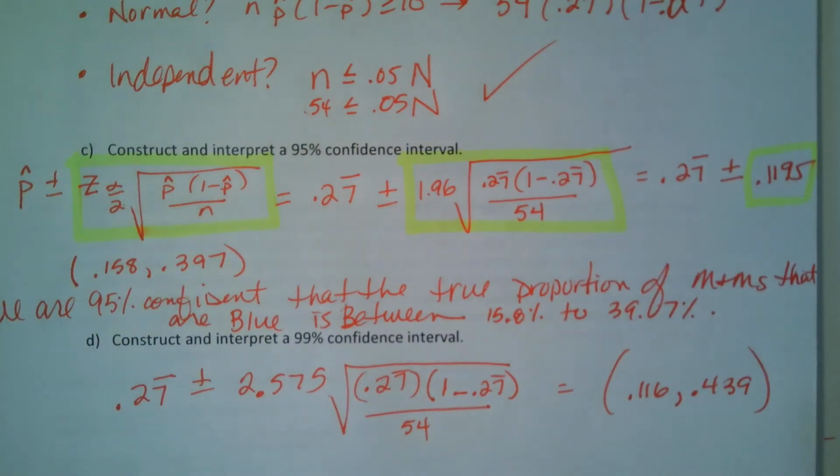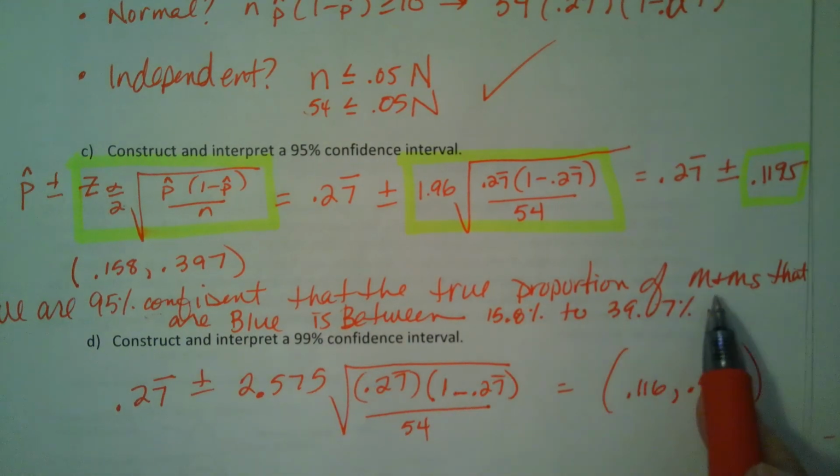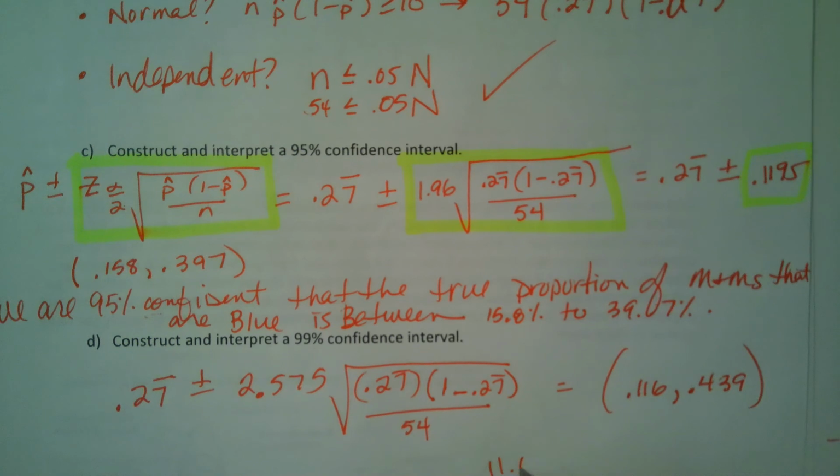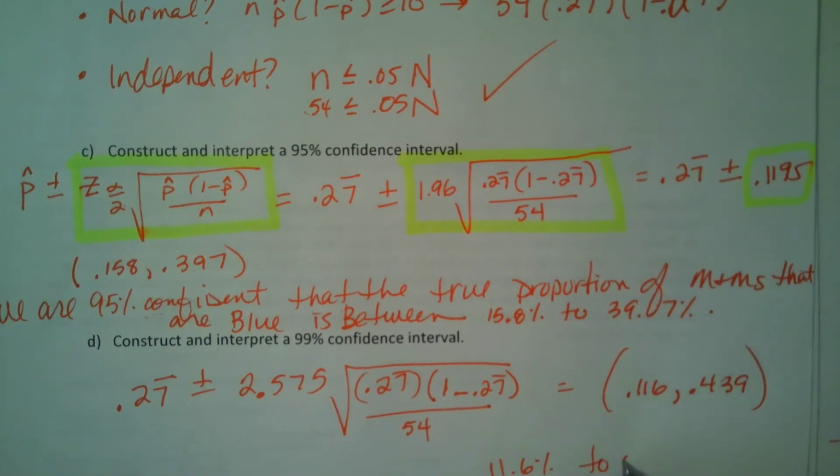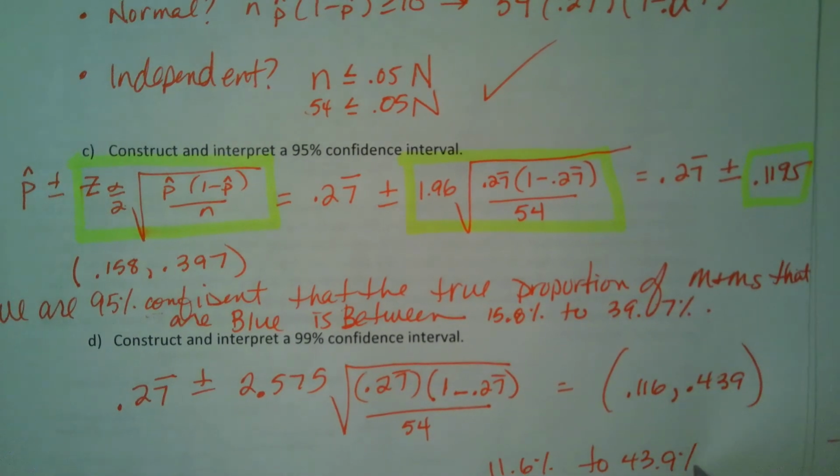Okay, I also did it over here. I found that when I recalculated all of this, I got a larger range, which means my margin of error also increased. So my margin of error increased my interval. It is no longer 15 to 39%. It is now the same sentence, but this time it's going to be from 11.6% to 43.9%.